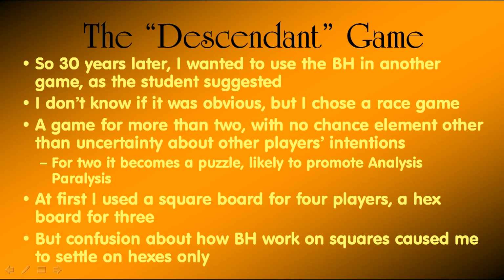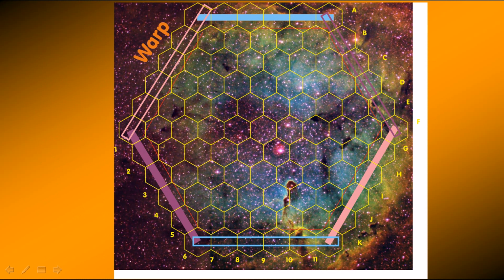For two, unfortunately, becomes a puzzle likely to promote analysis paralysis. So at first I used a square board for 4 players and a hex board for 3, but there was sufficient confusion about how the black holes worked on the squares that it caused me to settle on hexes only, when I finally got myself together and thought, oh, I can play 4 on the hexes.